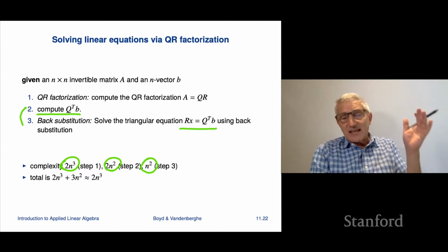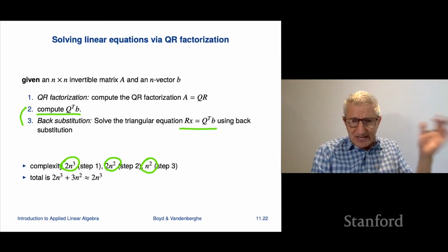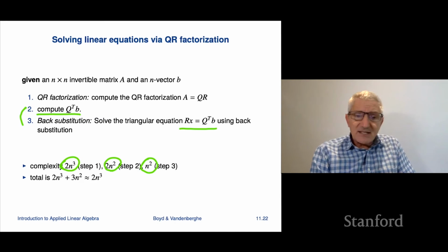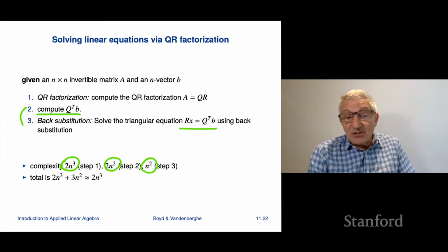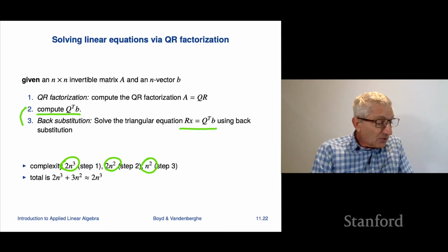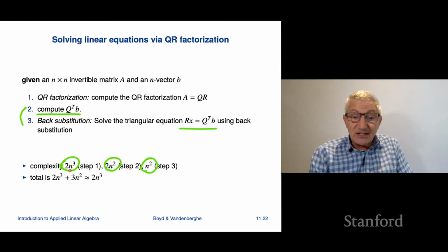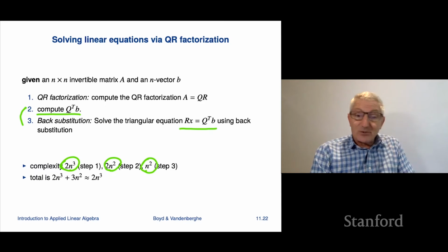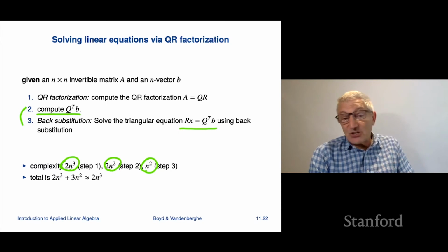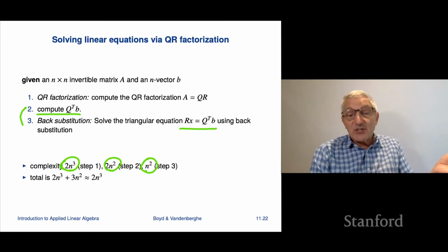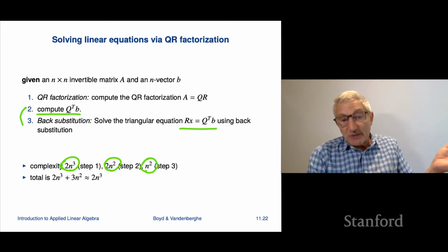We're not thinking n equals 10, we're thinking 100, 1,000, 10,000. Steps 2 and 3 are of order n squared, and the first step is just this QR factorization. So the real cost of solving linear equations is just QR factorization, which can be calculated by the Gram-Schmidt algorithm.